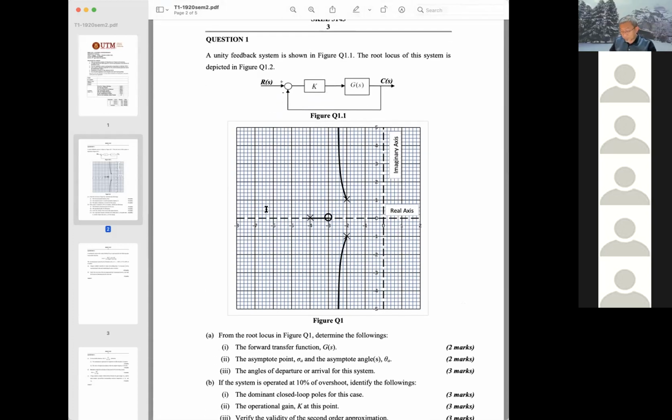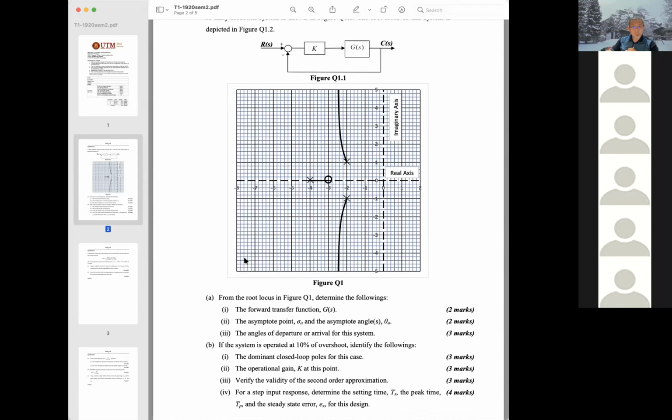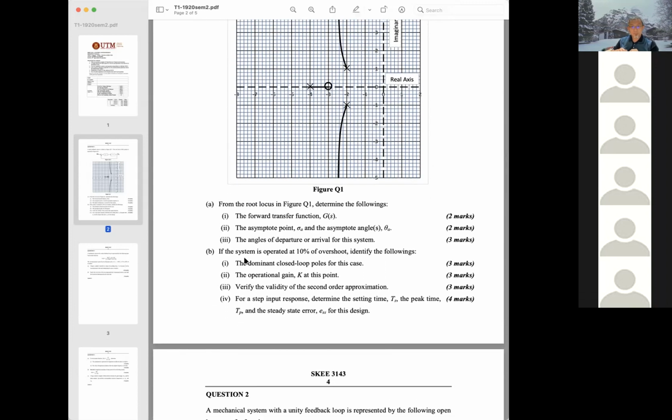A unity feedback system is shown in figure Q1.1. The root locus of this system is depicted in figure Q1.2. A, from the root locus in figure Q1, determine the following. 1, the forward transfer function G(s). 2, the asymptote point and the asymptote angle. 3, the angle of departure or arrival for the system.